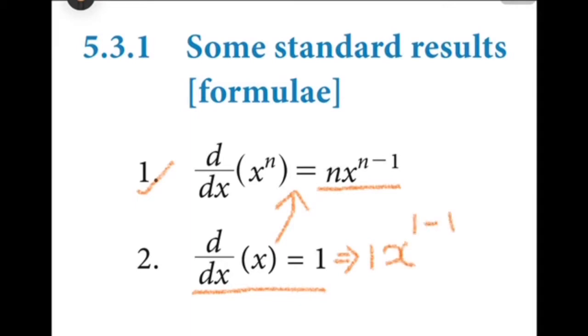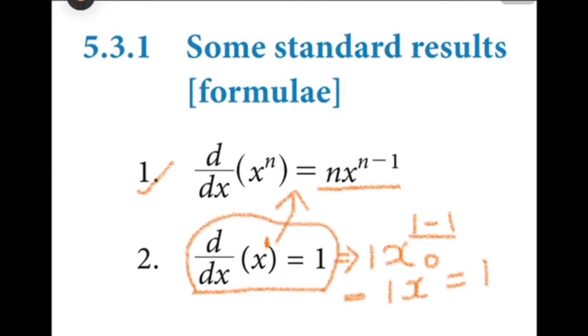Here n is equal to 1. 1 minus 1 is equal to 0, so it is 1 into x power 0. x power 0 is 1, so that is equal to 1. So, d by dx of x is equal to 1.